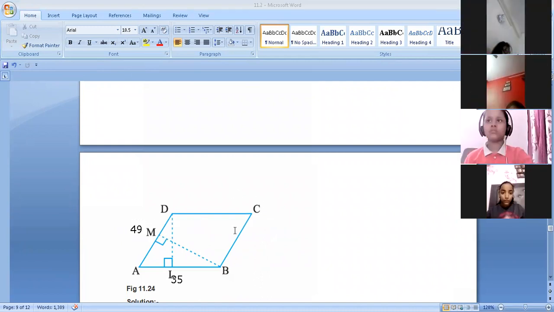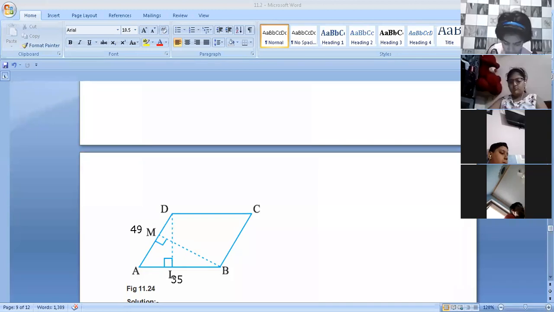And the area of the parallelogram is given. We have to find the height. Base is given, area is given, so we can transpose the value and find the height. Let's start.